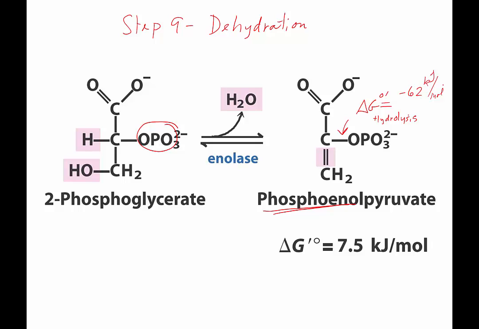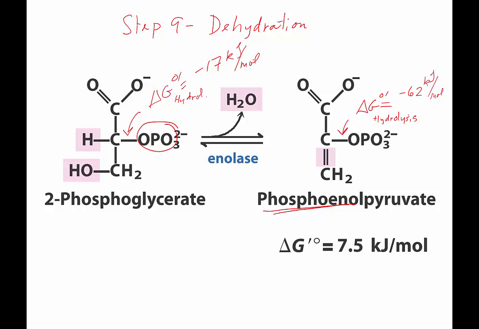Now that's a very, very large standard free energy change. Having the phosphate up here is important, but it turns out that forming the enol is very important for this large free energy change to be possible. Because if we were to hydrolyze this one, the delta G of hydrolysis for it is only -17 kilojoules per mole.